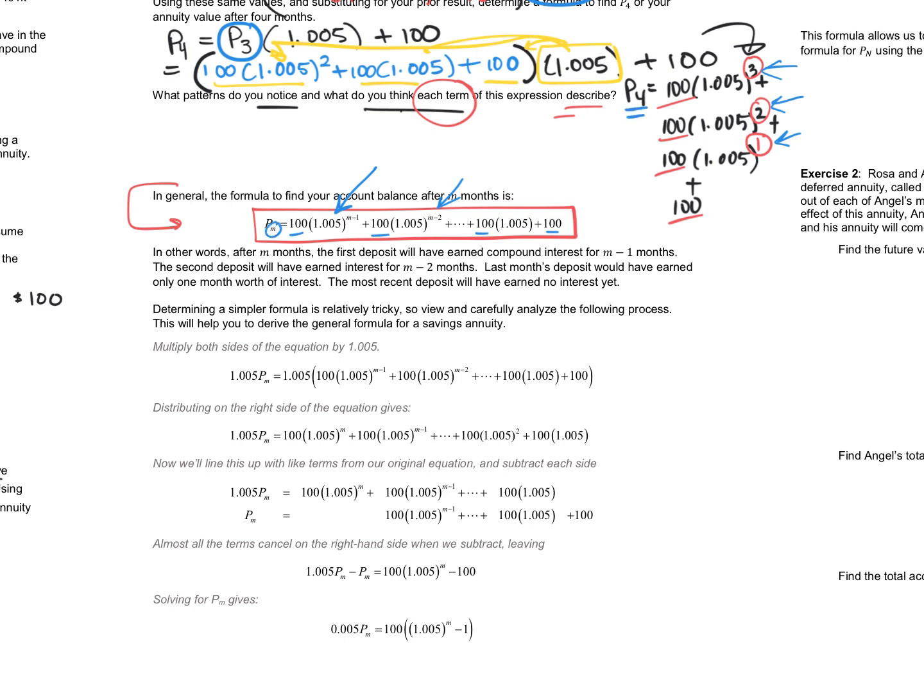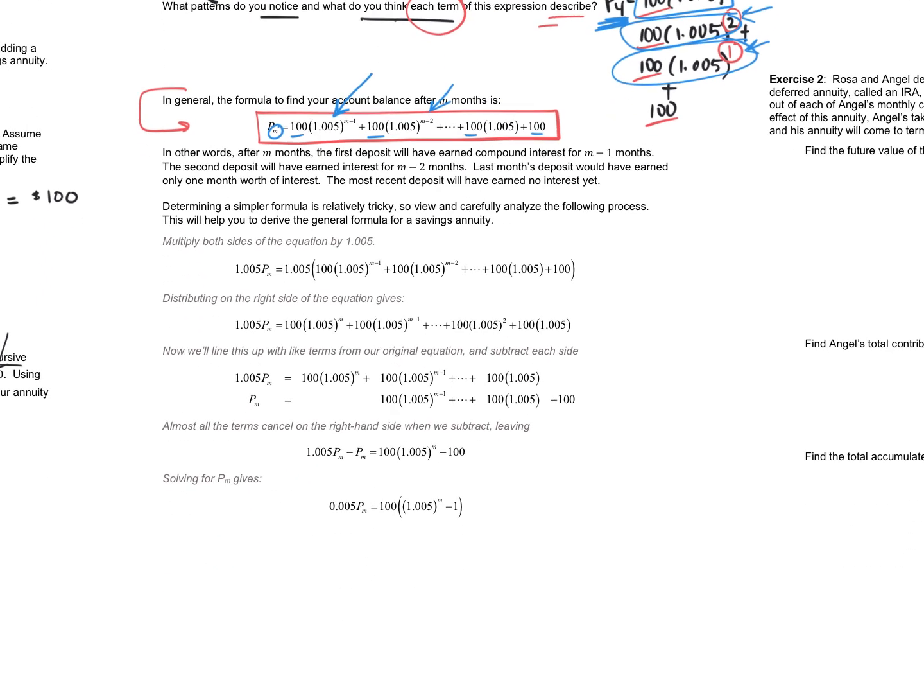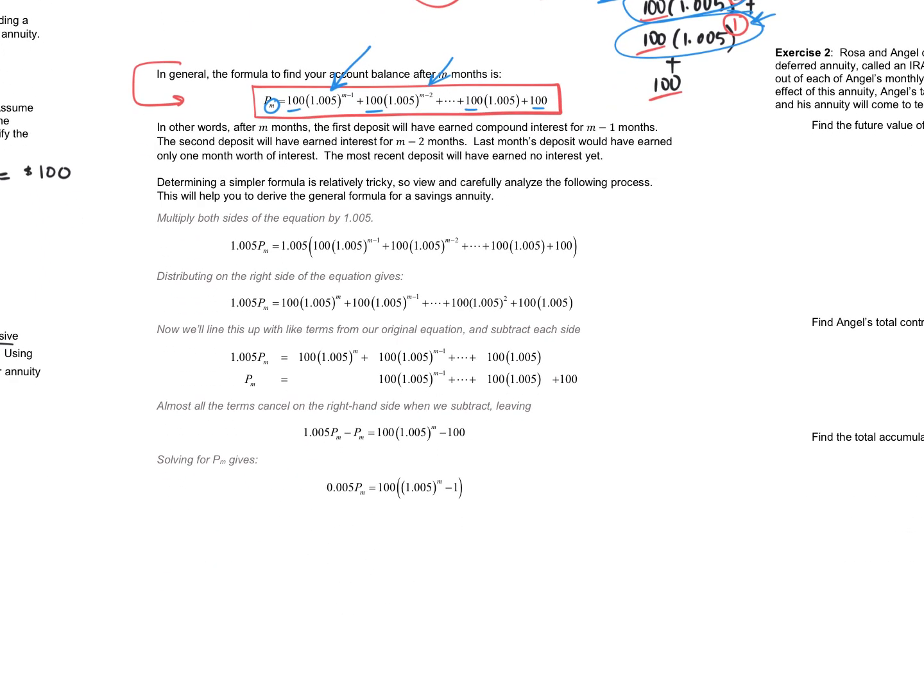That was after 4 months to see what's happening. And again, you can see that after 4 months, it had this one basically earning interest 3 times, and then 2, and then 1. And so what we can say in general, we're going to determine a little formula to help us out here.